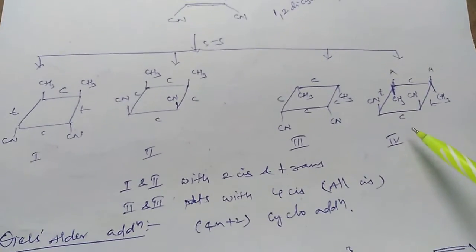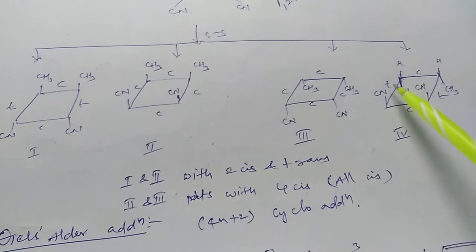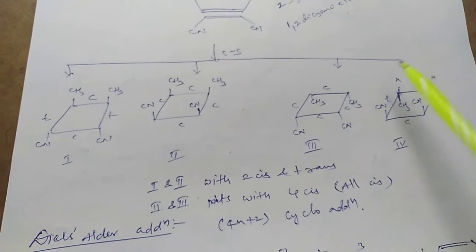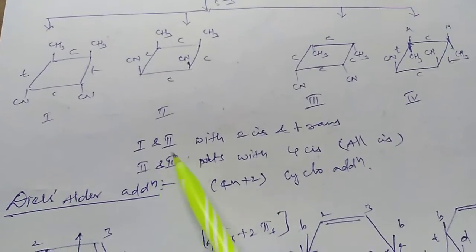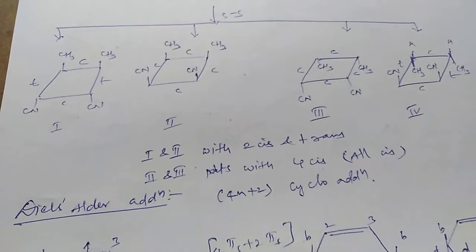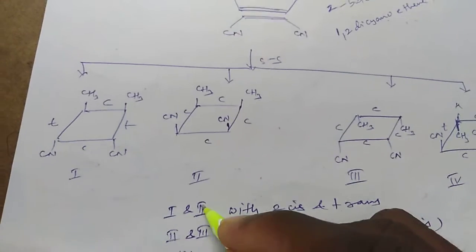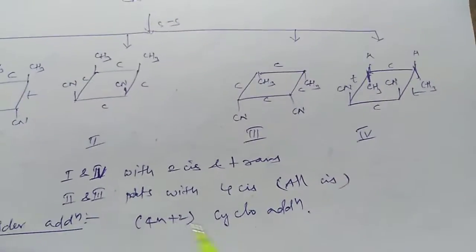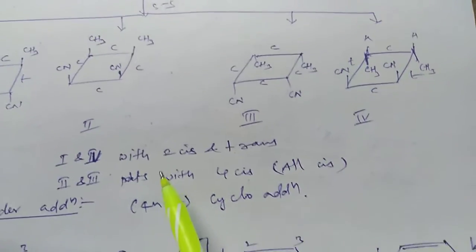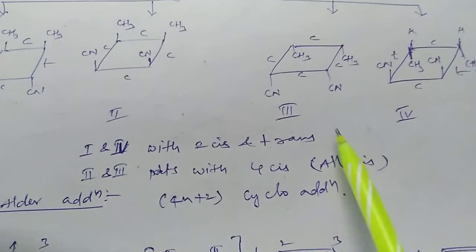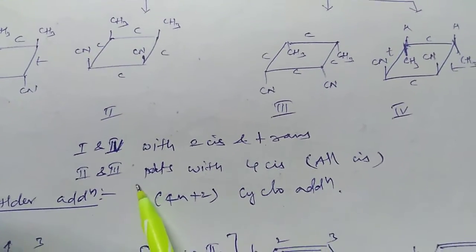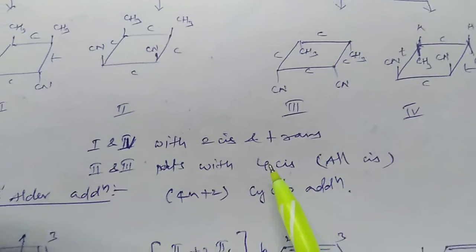But in the fourth case, 2 cis and 2 trans isomers are formed for the above reactants, where positions 1 and 2 are 2 cis and 2 trans, and 1 and 4 are 2 cis and trans isomers, but in the second and third conformers all are cis.